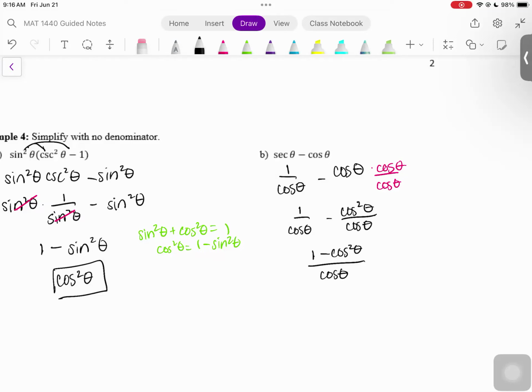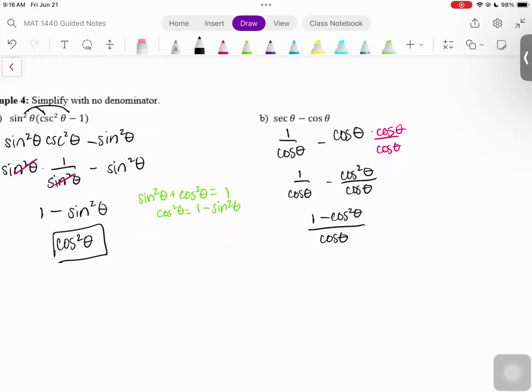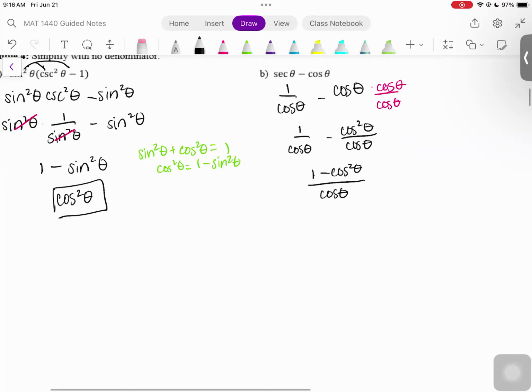And our numerator, 1 minus cosine squared theta, if we look at that last example where we rewrote that Pythagorean identity, sine squared theta plus cosine squared theta equals 1, we can do this similarly. This expression 1 minus cosine squared theta would have been the result of just moving the cosine squared theta over. So this is equal to sine squared theta over cosine theta. And now to see this a little bit more clearly, we're going to factor sine squared theta.